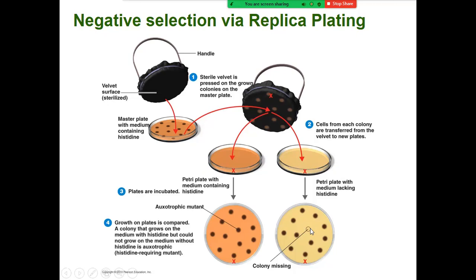So these cells are mutant and they will not grow unless you supply the amino acid histidine. This is a negative selection for detecting mutants. These cells are mutant right here. They will not grow on media that does not contain histidine.